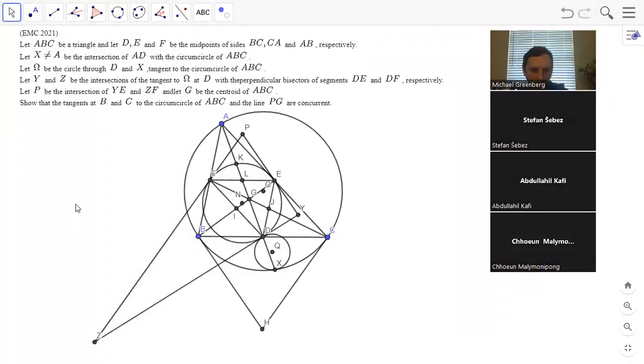So ZDX, we do a homothety about X that takes... Actually, just forget about homothety. We just have that DQ is parallel to AO, and X, Q, and O are collinear.